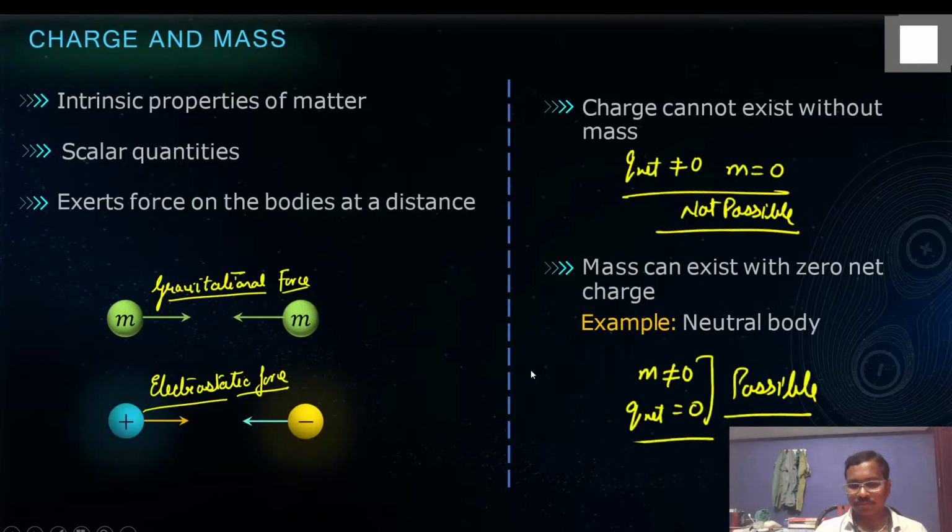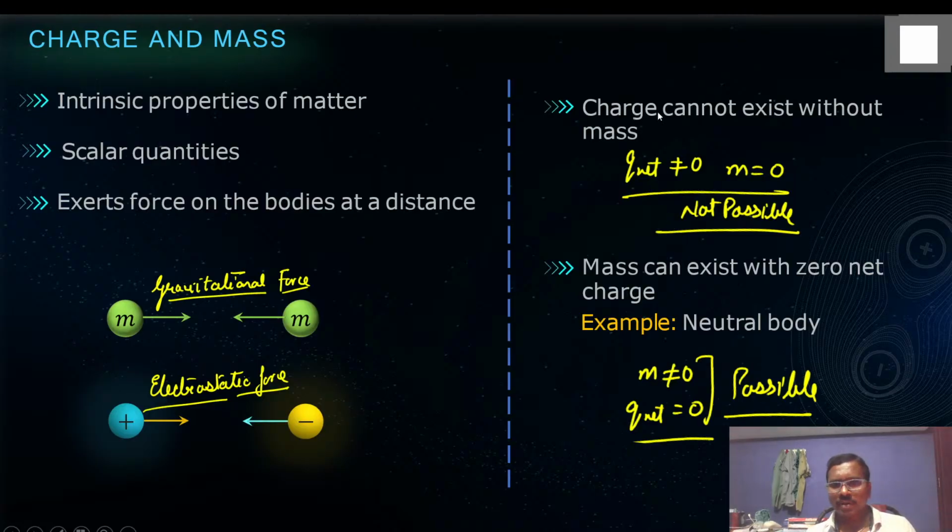Now, let us see one more. Charge is an intrinsic property of matter, a scalar quantity, and it exerts force on bodies depending on distance. One important thing to keep in mind: charge cannot exist without mass, but mass can exist with zero net charge. Please concentrate.